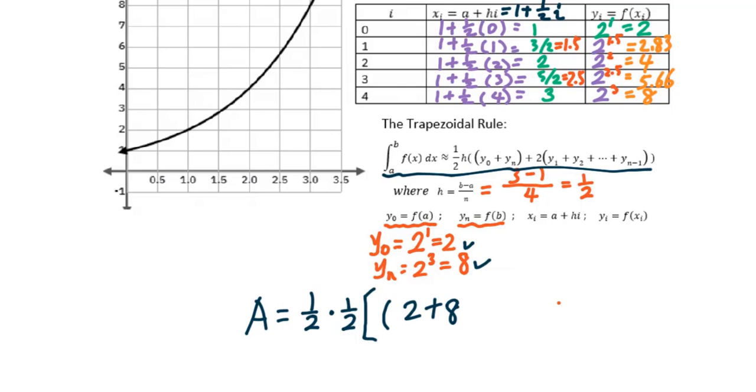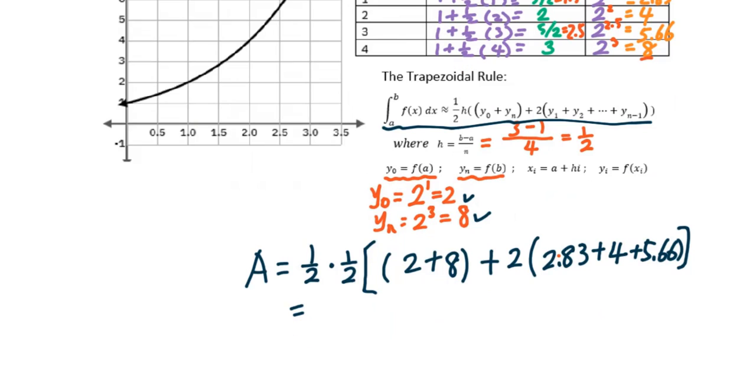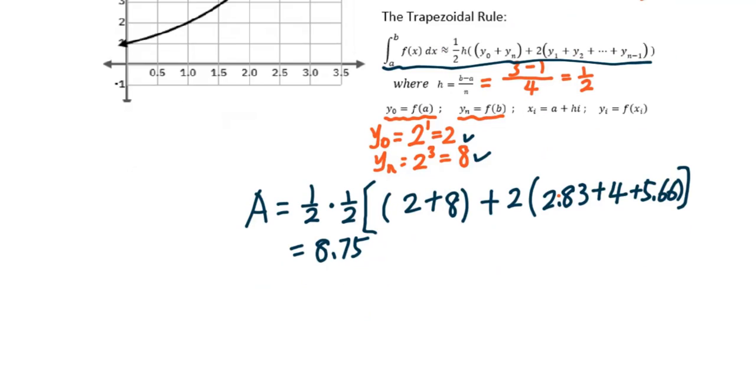Then parentheses, plus 2 times (2.83 plus 4 plus 5.66). Then we put this into a graphing calculator, you will get 8.75.